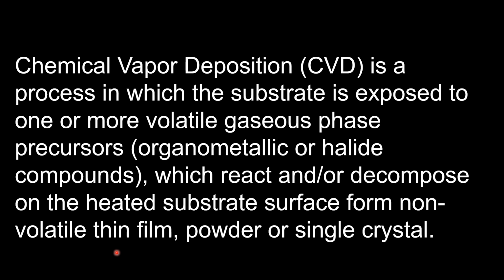The variation of temperature in the CVD process is very important. Basically, heat gets transferred from a higher region to a lower region. The temperature of the substrate is lower than the environment of the reaction chamber, and on the basis of that, the reaction can take place easily and the material gets easily nucleated on the surface of the substrate and is converted into a thin film or a powder or a single crystalline material.